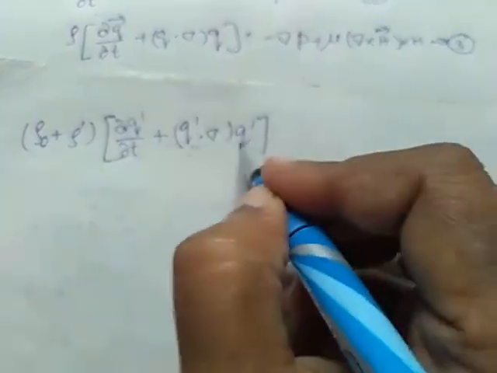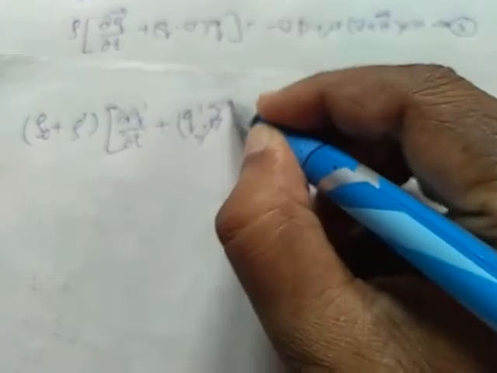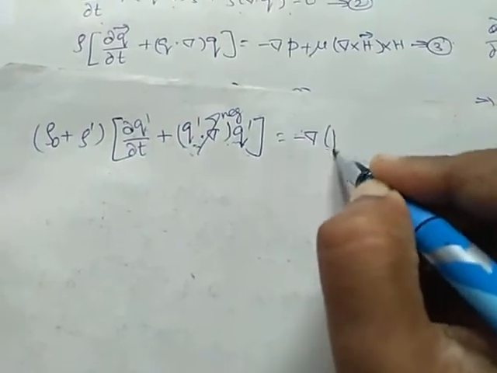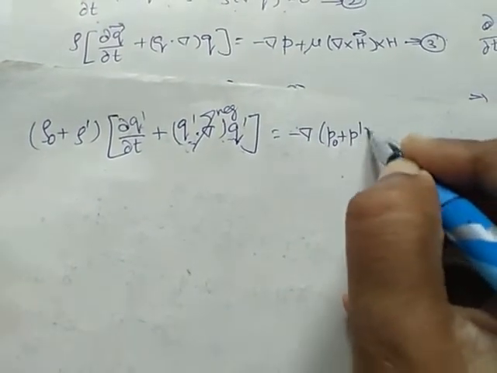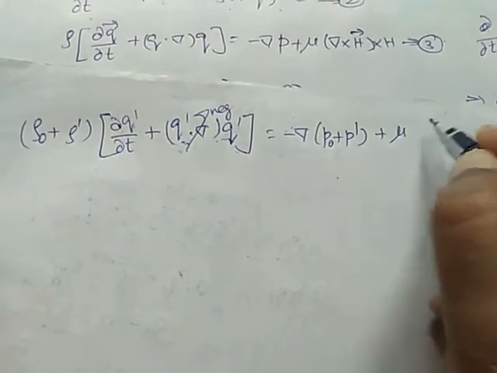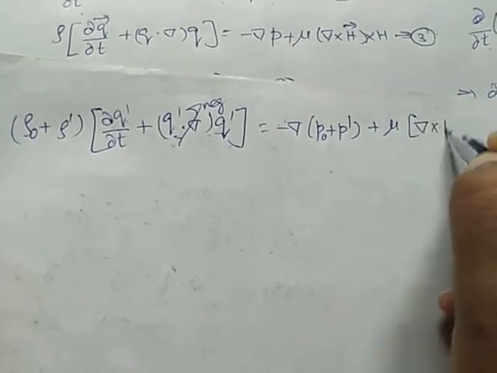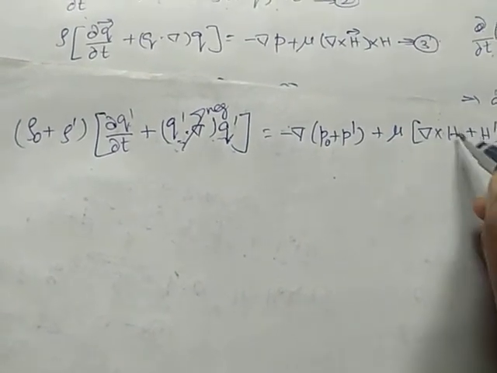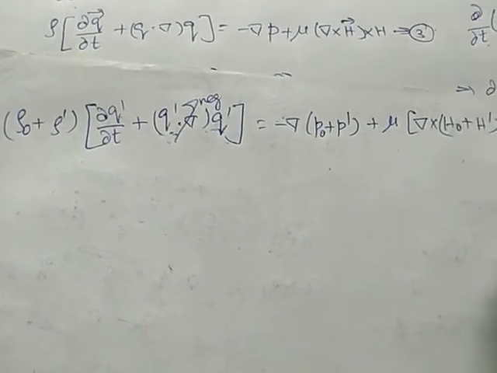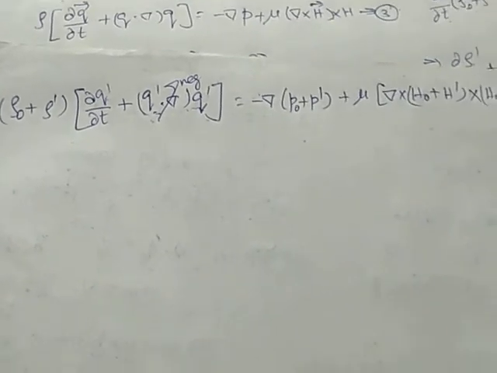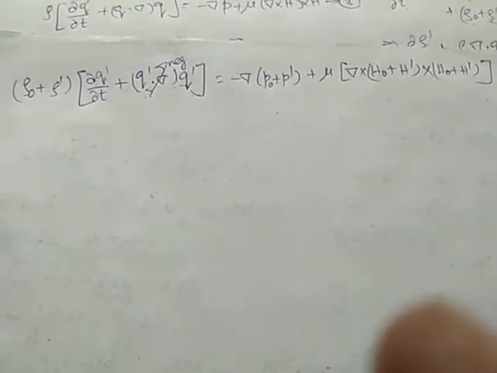This is a product of perturbed terms, so I can neglect it. So this is neglected. It is equal to minus del p, where p is p naught plus p dash, plus mu into del cross h naught plus h dash, cross h naught plus h dash. So this is our momentum equation for the perturbed state.